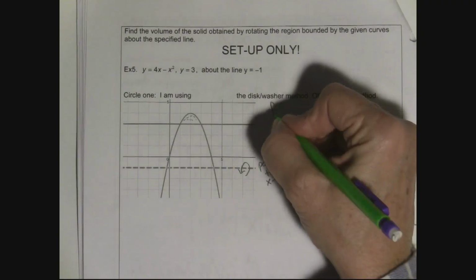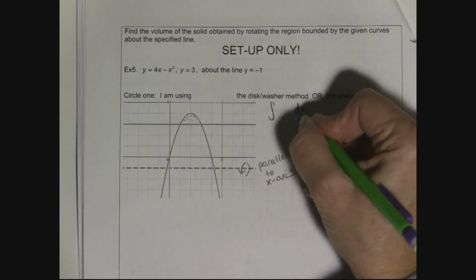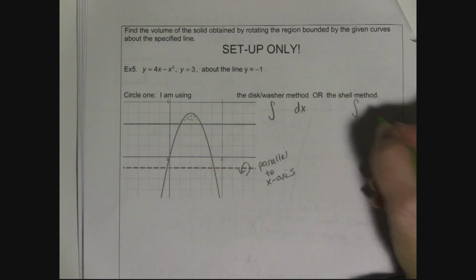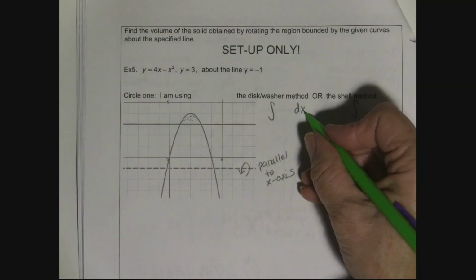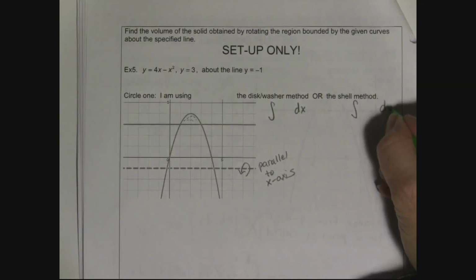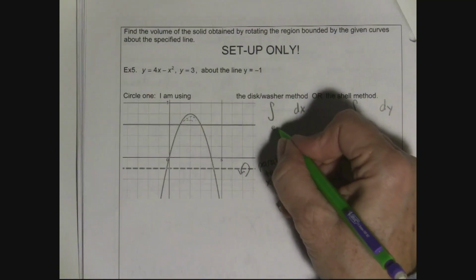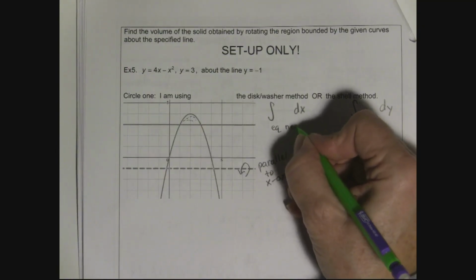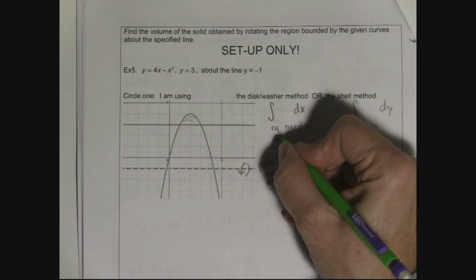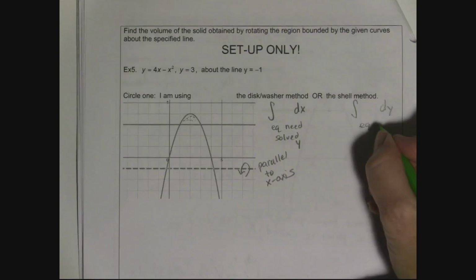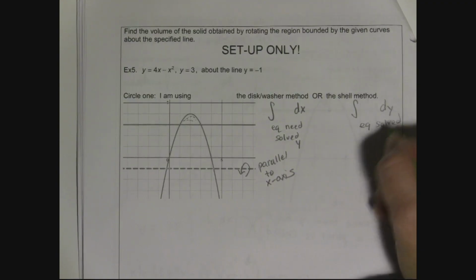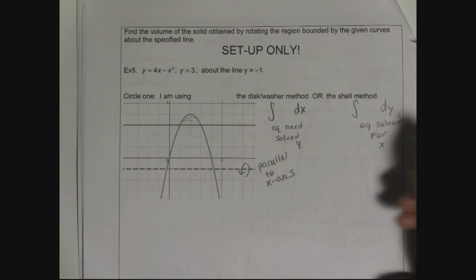So if I was going to use the washer, it would be dx. If I was going to use the shell, it would be the other thing. So this is parallel to the x-axis. This is x, and then this would be dy. This would mean my equations need to be solved for y. This means my equations need to be solved for x, right?